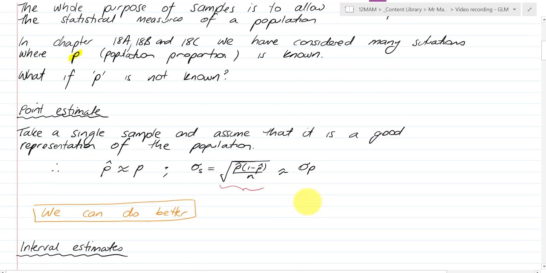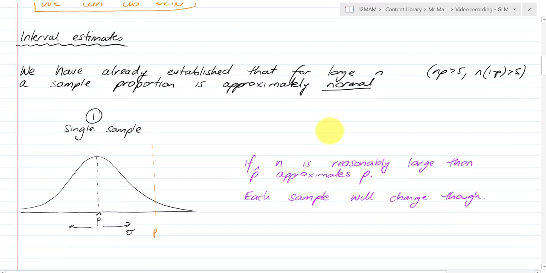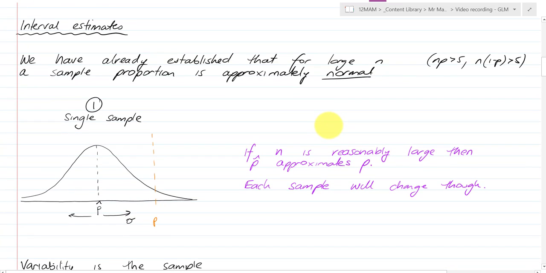We can do better. So let's consider some interval estimates. This just gives us a little bit more depth in our discussion about certainty and confidence in our result. So we've already established that for large n, large samples, the sample proportion is approximately normal. So of course we are dealing with these constraints.